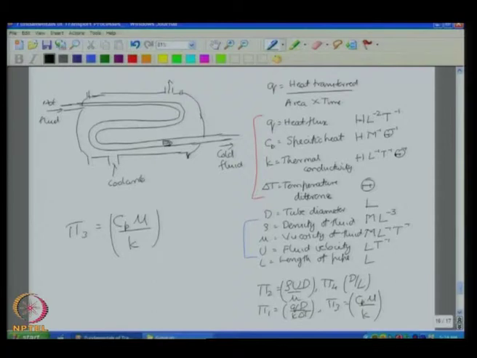So, now for this problem I have got 4 dimensionless groups, and I can write the average heat flux simply as a relationship between these 4 dimensionless groups.